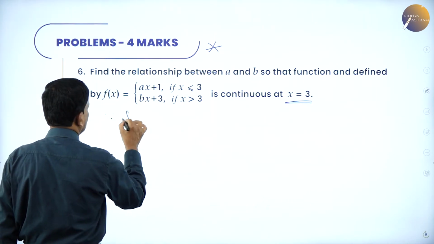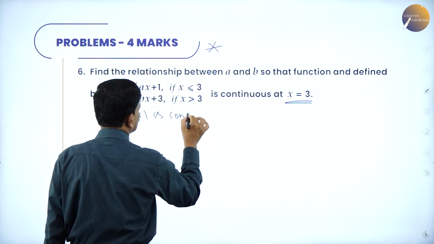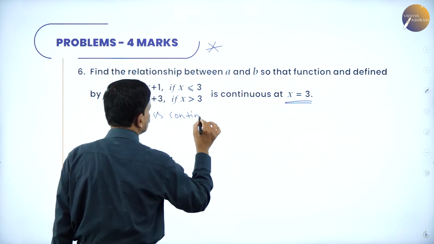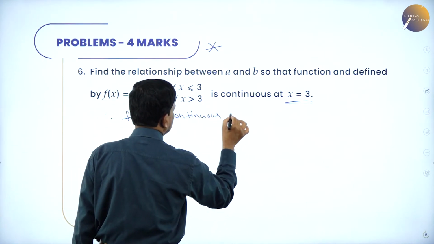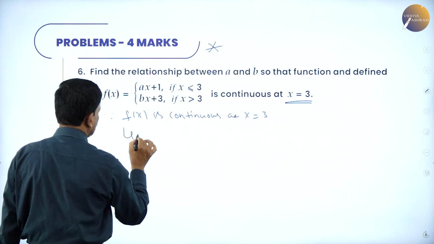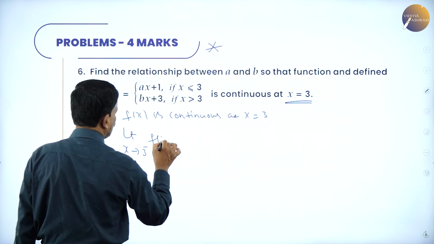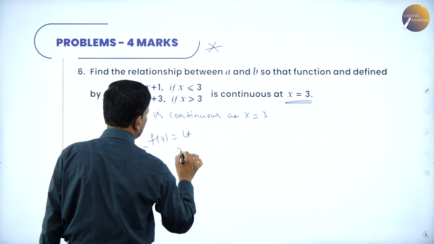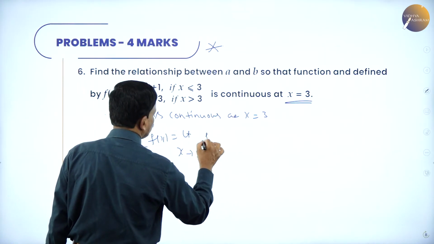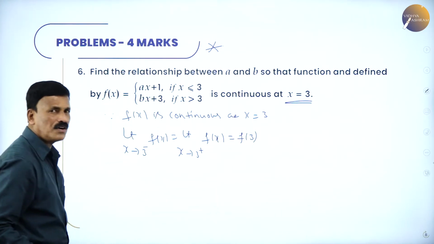Since f of x is continuous at x is equal to 3, therefore limit x tends to 3 minus f of x is equal to limit x tends to 3 plus f of x is equal to the functional value f of 3.